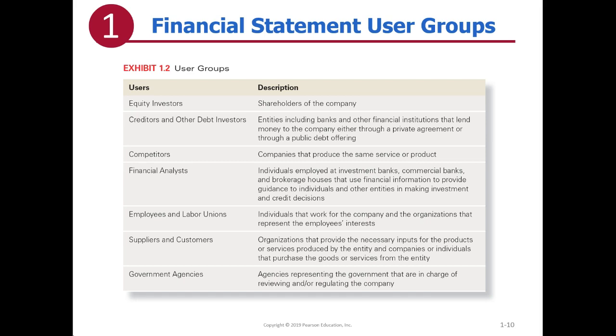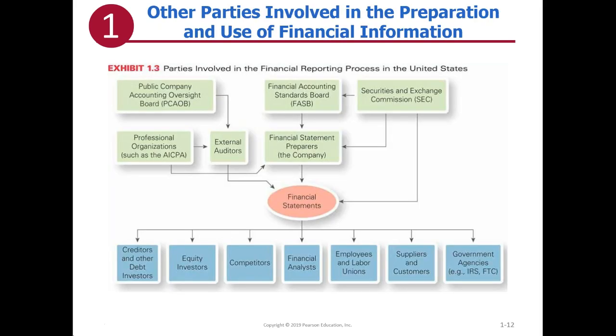So we have competitors, financial analysts, employees and labor unions, suppliers, customers, and government agencies. All of these groups are external to the organization and have no access to the financial data unless it's communicated, and it's communicated in those ways we indicated earlier, through the financial statements, footnotes, and other financial information provided by the company.